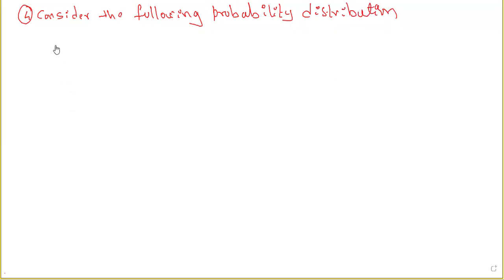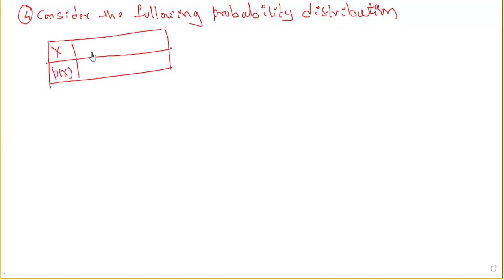So here they gave some distribution of the particular random variable, that is x and p of x. So x can take the values 0, its probability is p, and 1, its value is 1 minus 2p. Then whenever x is 2, the value is p. They gave one condition, where 0 less than or equal to p less than or equal to 1 by 2.